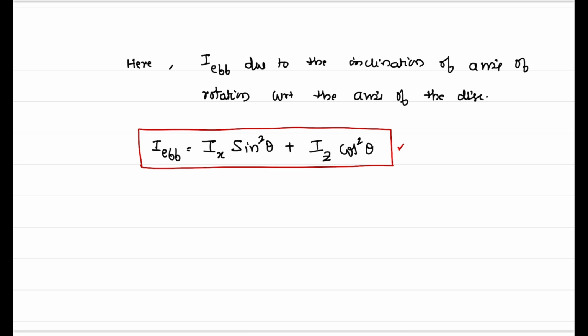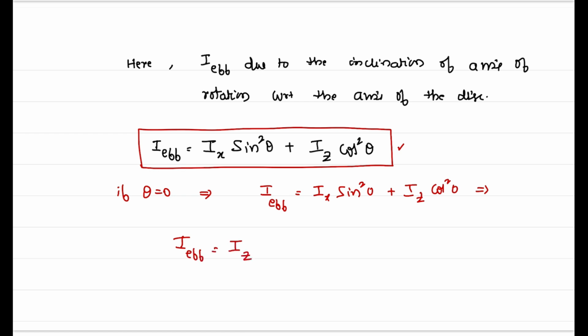If theta is equal to 0, then I effective is equal to Ix into sin square 0 plus Iz into cos square 0. That implies I effective is equal to Iz. Please try to understand this.